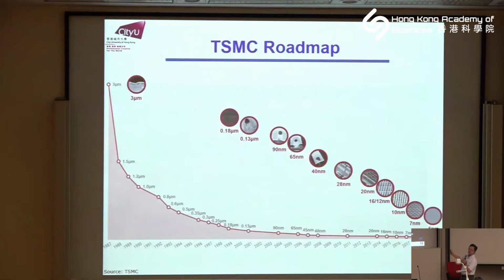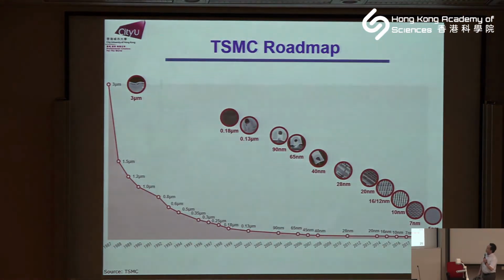Okay? So another important roadmap is TSMC. I don't know whether you noticed this company, but if you have a close friend in Taiwan, I'm sure you have heard about it, because this is what we call Taiwan Semiconductor Manufacturing Company. This is the largest foundry in the world. In the electronics business, you can think about Intel and Samsung, and those two have their own brand names because they have their own products.